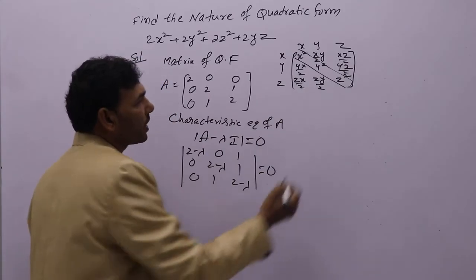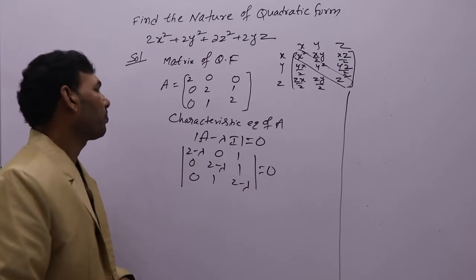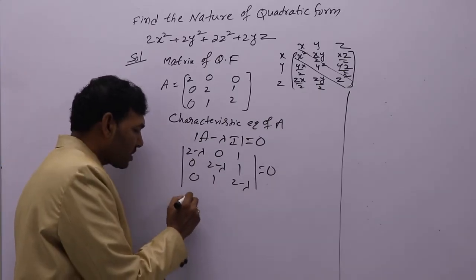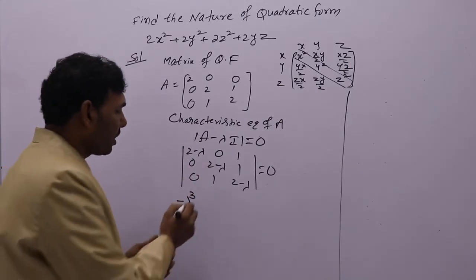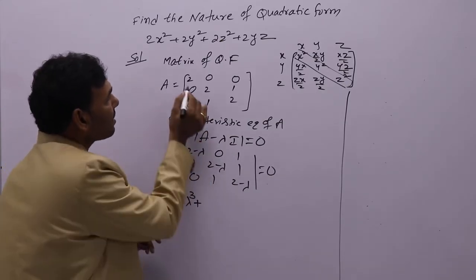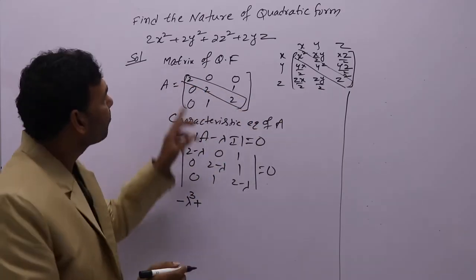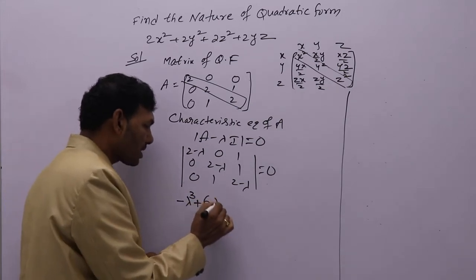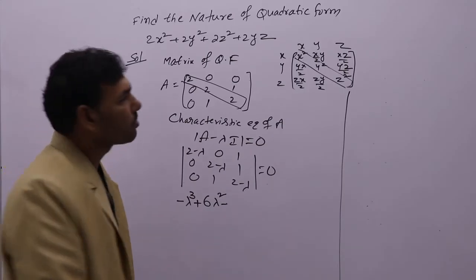I said one small technique to write this characteristic equation. So to write the characteristic equation of every 3 by 3 matrix, one easy technique is: first, minus lambda cube term. Next, lambda square you will have, and that lambda square coefficient is the sum of the diagonal elements. So simply add these three: 2 plus 2 plus 2. How much? 6 lambda square. Minus the sum of cofactors of the principal diagonal.